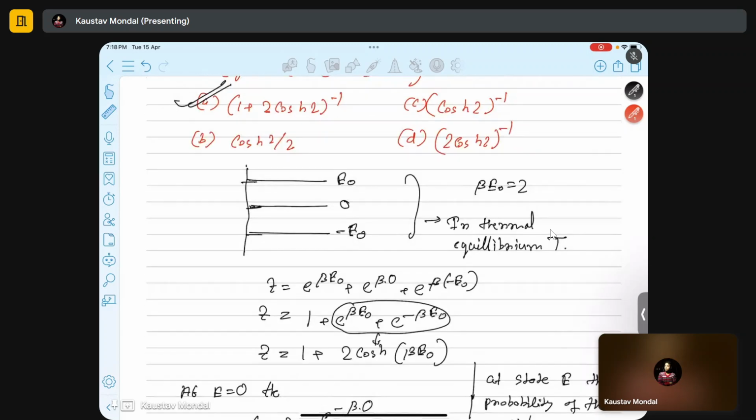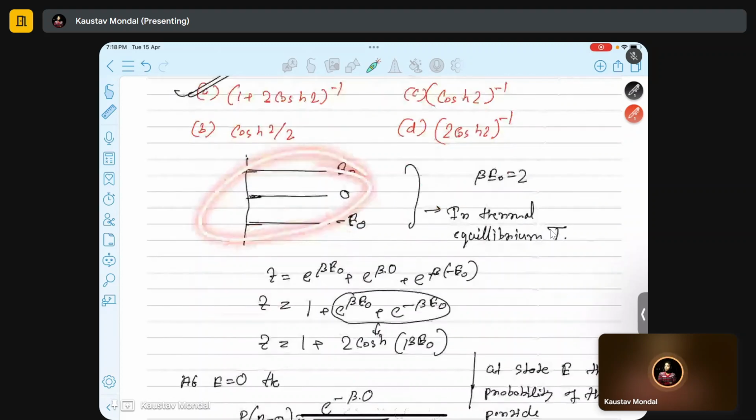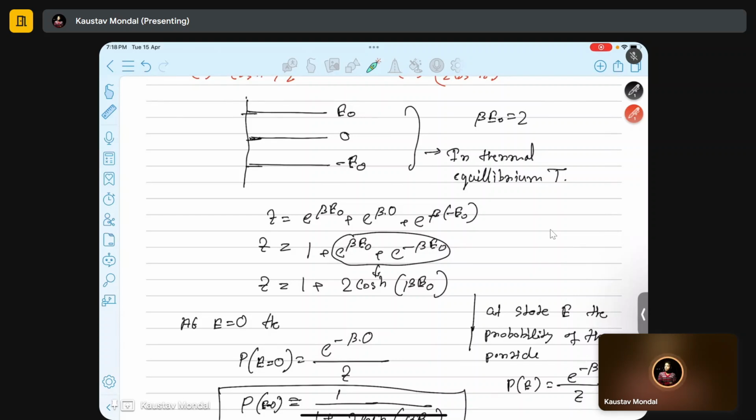There are basically three energy states mentioned in the problem. From there, you have to find the probability of being at E equal to 0. For that, we first calculate the total partition function of the system, that is the sum of the Boltzmann factors for each of the energy levels.